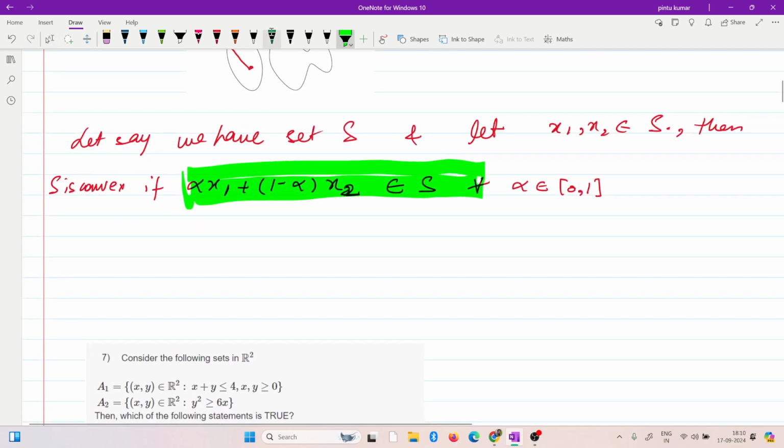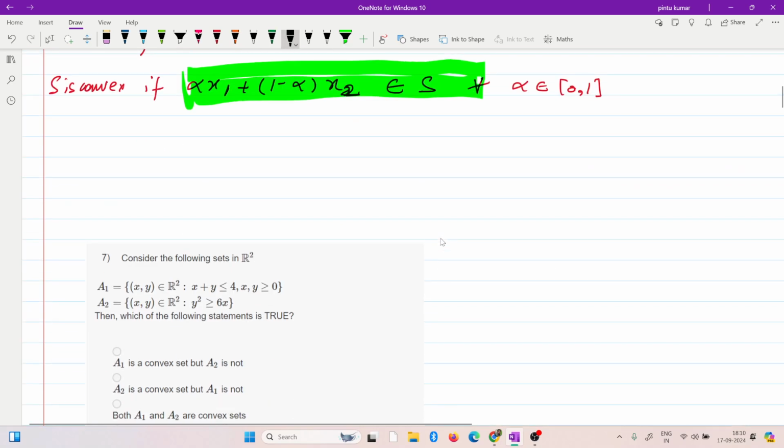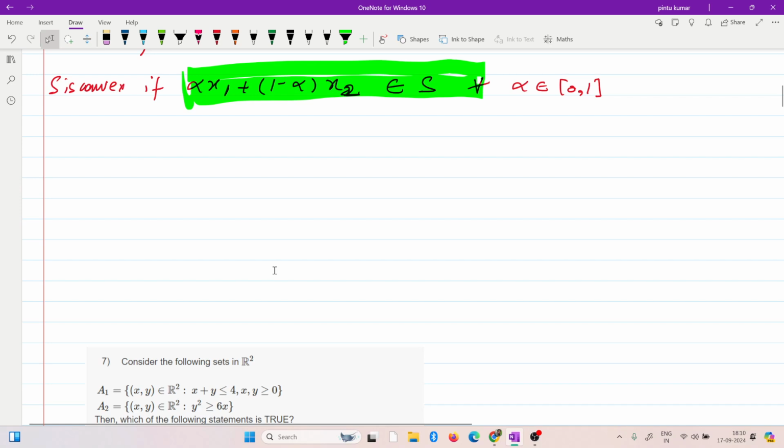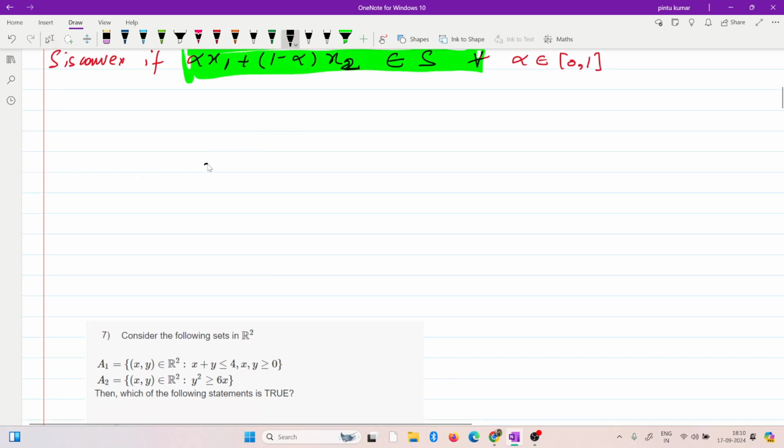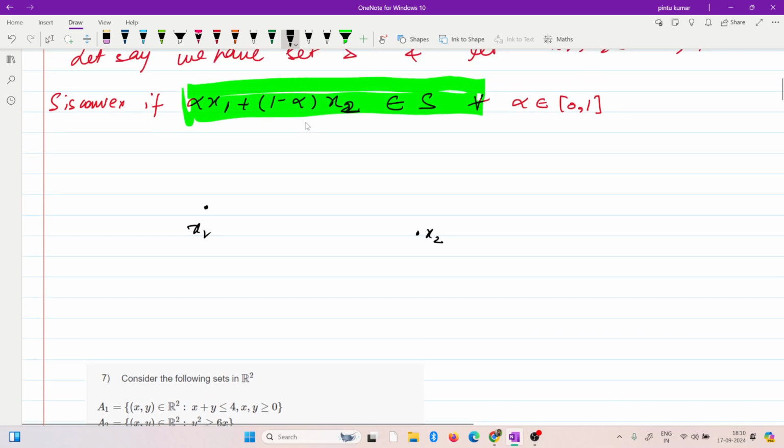Just a slight motivation. If you look at any 2 points, let's say this point is x1 and this point is x2, in this equation, if you replace alpha with 0, you will obtain x2.